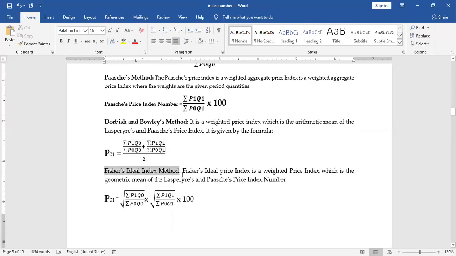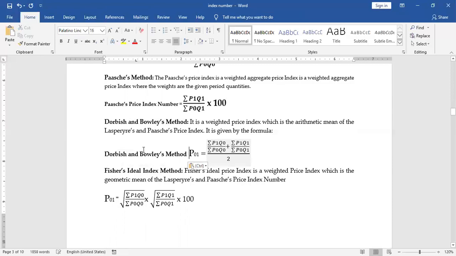Next is Fisher's ideal index number. When you take the geometric mean, that is the root, of Laspeyres' and Paasche's, you get Fisher's ideal index number.